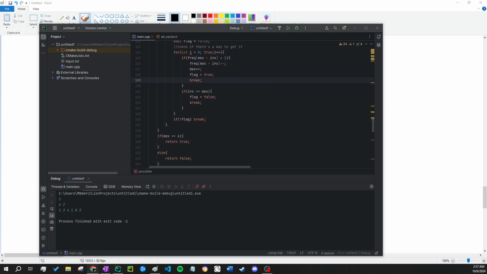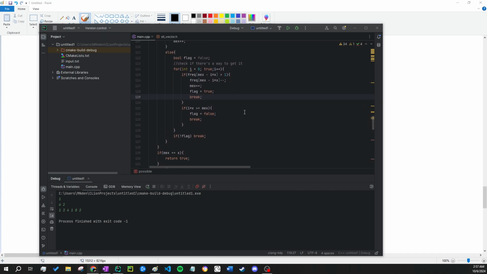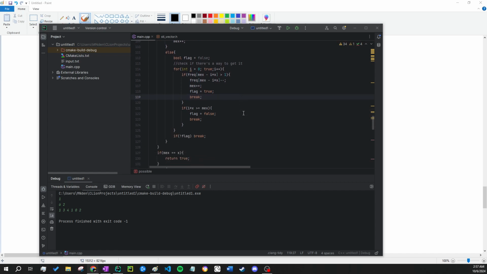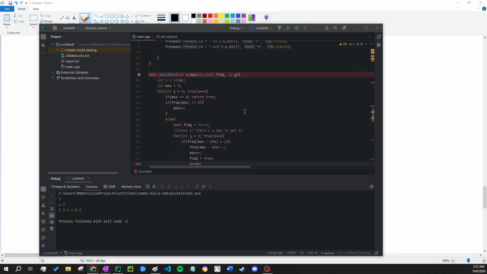I've been solving this problem for like 40 minutes now. It's not even a hard problem. It's just implementation heavy. Let's try it one more time.